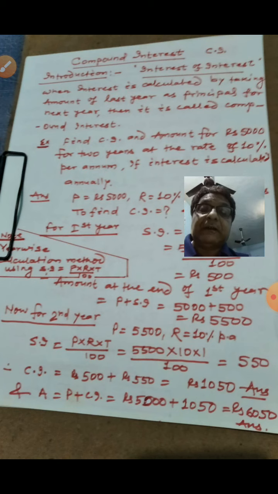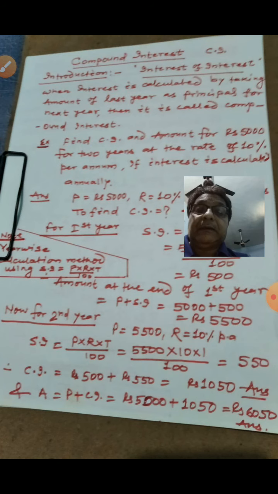So we can say that it is the interest of interest. Again, in the second year, the interest that comes is added to the principal of that year to make it amount, and this amount of second year will now act as principal for third year.